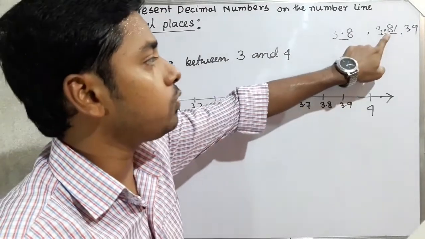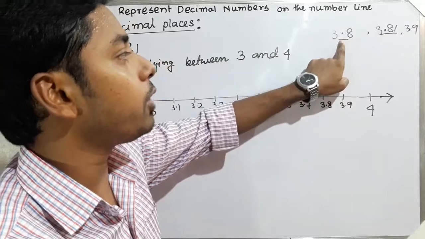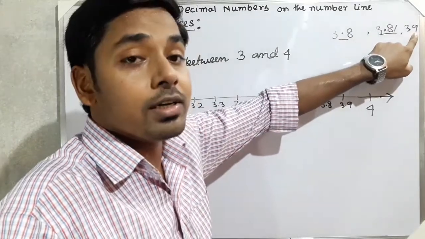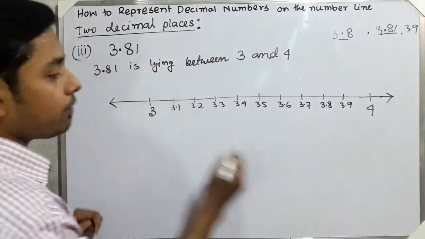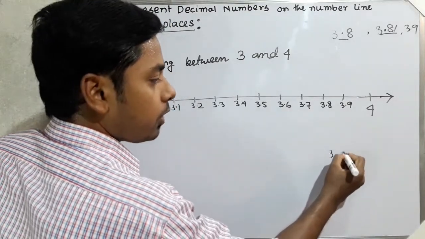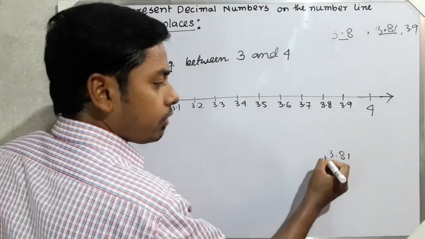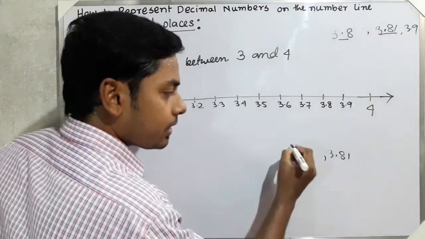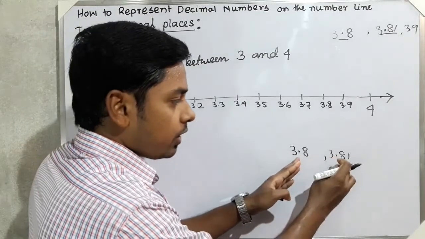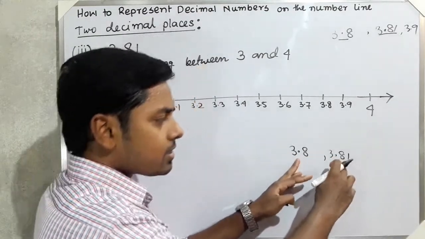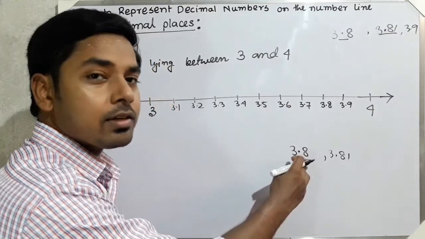This 3.81 is lying between 3.8 and 3.9. How do you understand? How do you check it? So first of all, you have to check you are having 3.81. Okay, 3.81. So now clearly we can tell 3.81 is greater than 3.8. So that means 3.81 will be just next of 3.8.